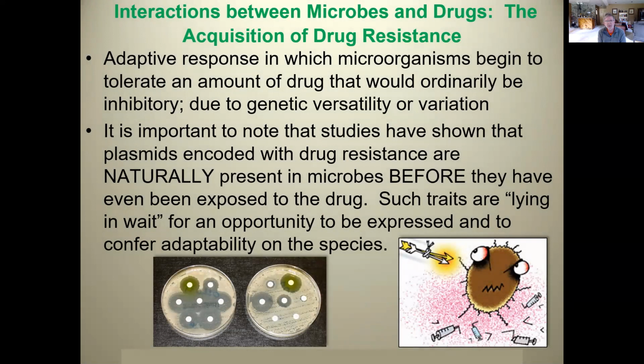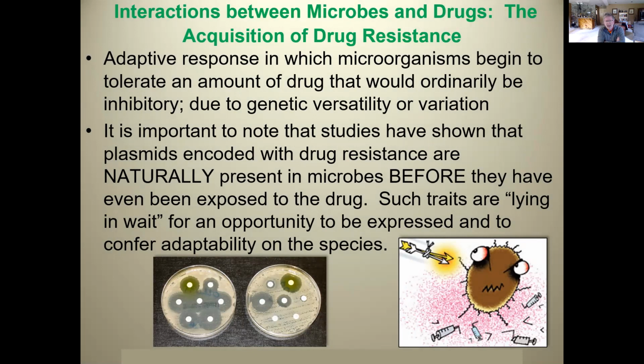There are a number of different ways that bacteria do that, and we'll be talking about those in just a few moments. But this particular ability to negate the action of the drug stems from the genes present in the genome of the bacterium, held in the chromosome, I should say, and or the plasmids of the cell.